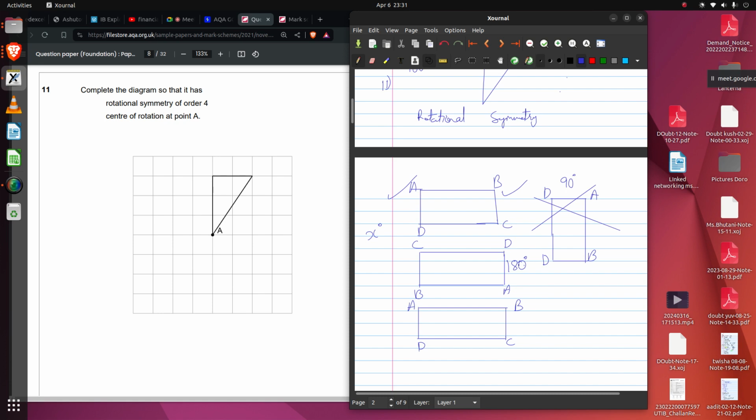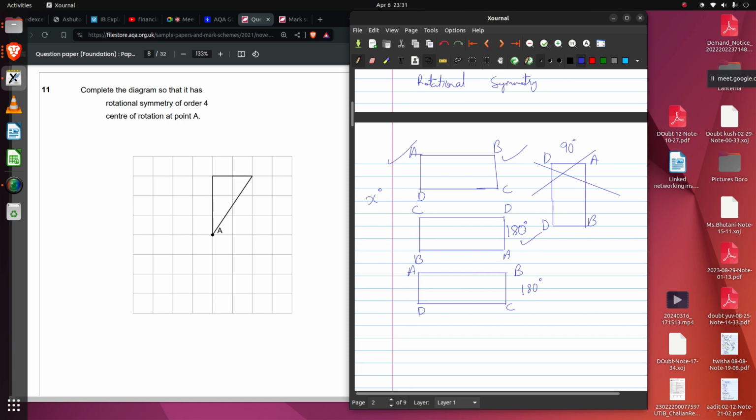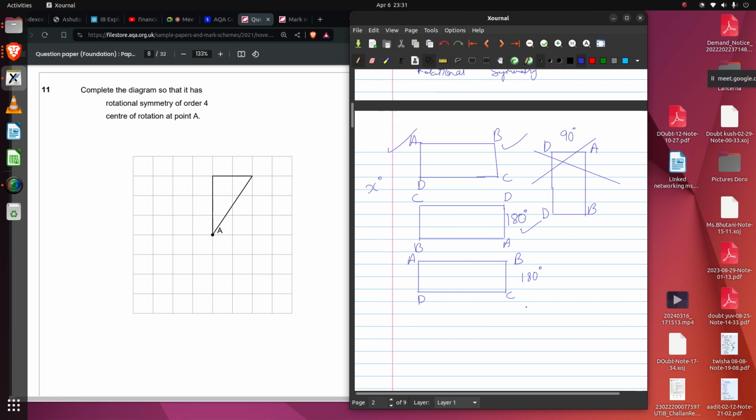I rotated it once 180 degrees like this, so it is looking like this. Now again I rotate, so it is again looking like the original. So I have rotated twice now. First A was here after one rotation. Now A is back to the original.